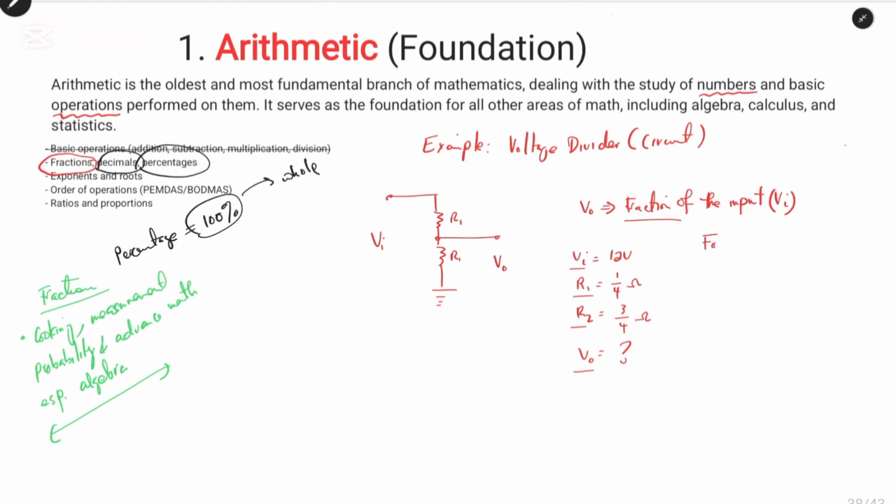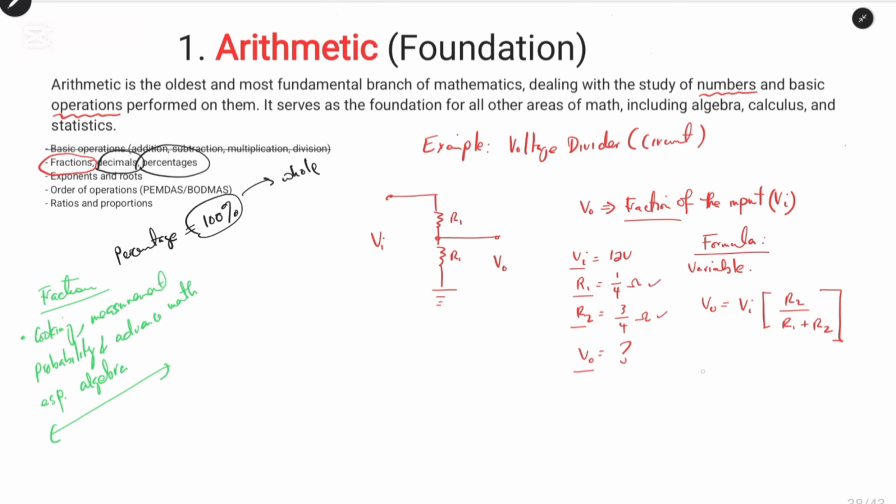From a formula point of view, they normally give these as variables: Vout is equal to Vin times R2 over R1 plus R2. Those are variables that represent the value or magnitude that can be found inside the electrical circuit. And we can see that these values are in fractions.